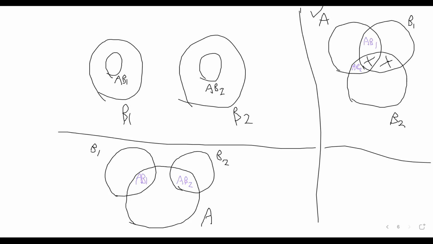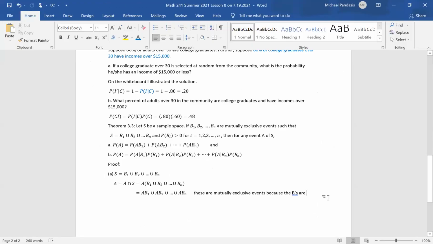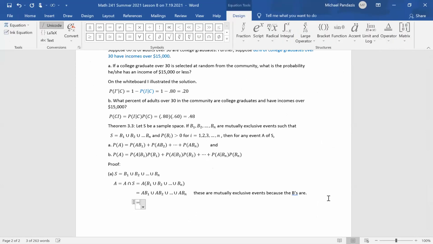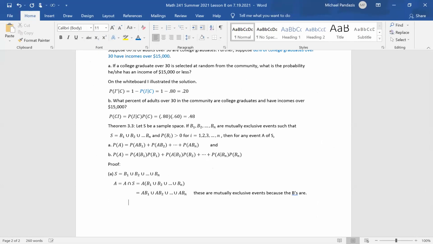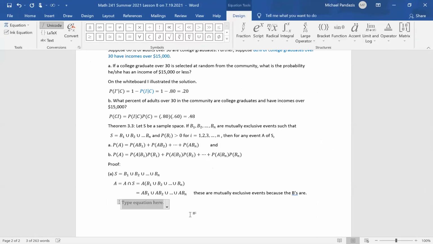Okay. Let's keep going. So you have that union of mutually exclusive events, but I'm talking about AB1, AB2, and so forth. So then, since they're mutually exclusive, that means that as sets, the probability of A is equal to the probability, since A is equal to this, their probabilities are equal.